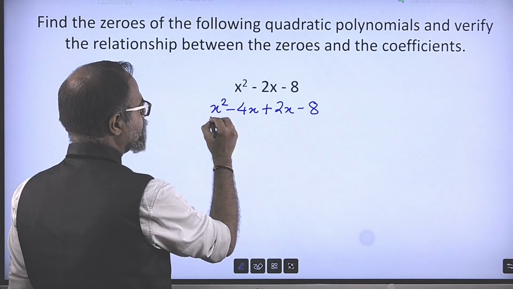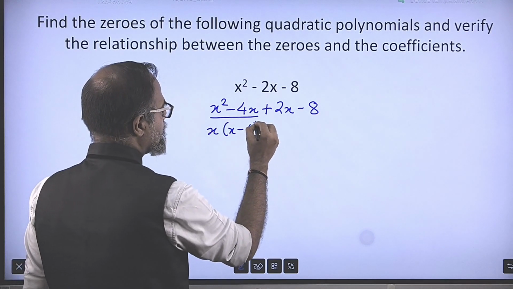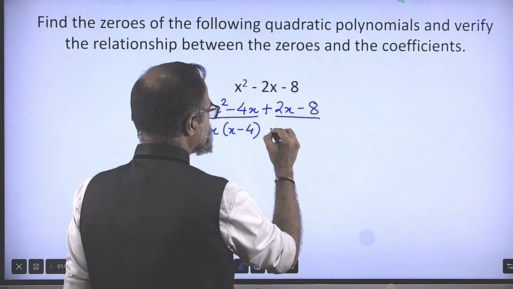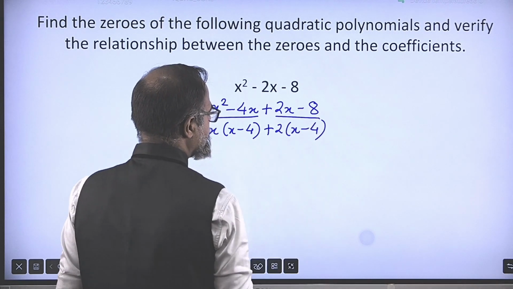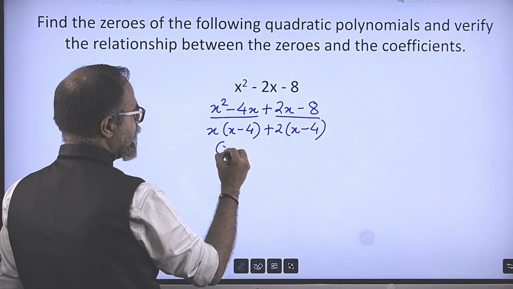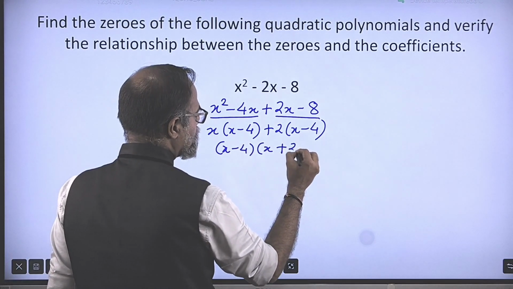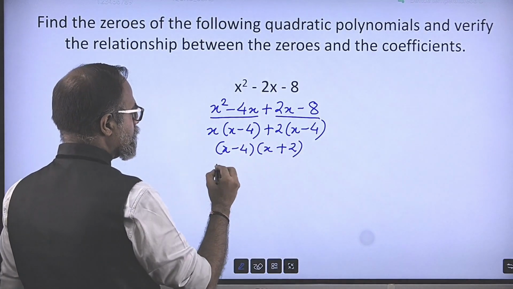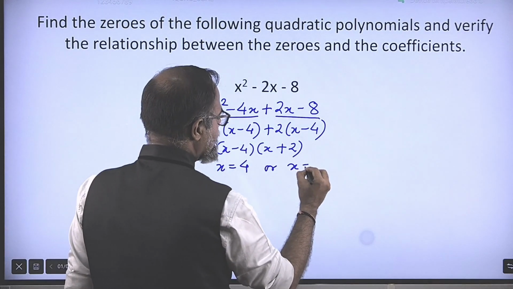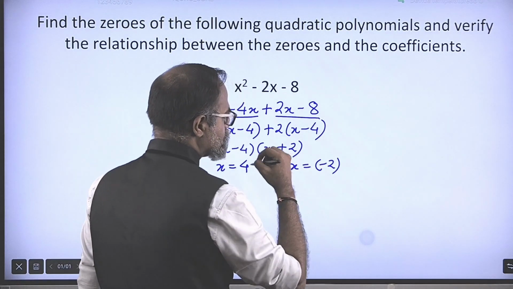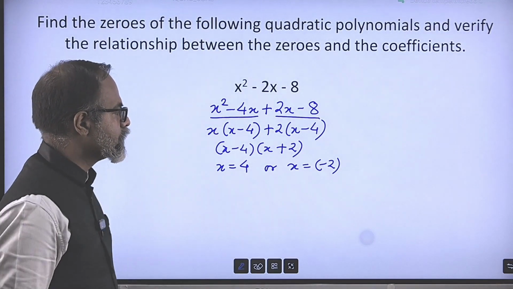From the first two terms, if I take x common, I'm left with x minus 4. From the next two terms, if I take plus 2 common, again I'm left with x minus 4. So taking x minus 4 common, I get x minus 4 into x plus 2. So x is either equal to 4 or x is equal to minus 2. So my two zeros are 4 and minus 2.